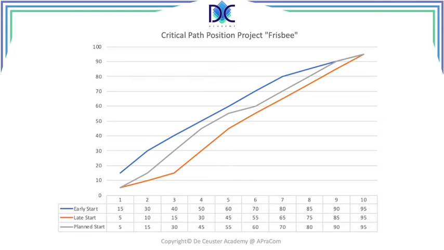On the other hand, we also see when the gray curve is closer to the red curve, well, then we have less slack. When the curve is closer to the blue curve, then we have more slack. It's very important to consider these elements. The gray curve basically becomes the baseline, the cost baseline of the project, and we also refer to this as the critical path position of the project, in this case project Frisbee.